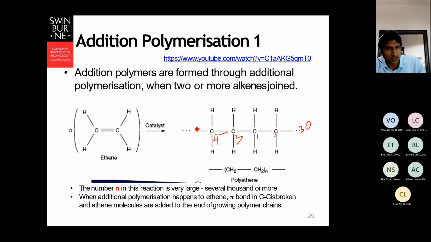And you know that polyethene is soft. You can bend it, you can fold it, you can make it whatever shape or size. You can blow it and make it a balloon. Because it has only carbon and hydrogen, but it's a long chain, they are intricately interwoven, and that makes polyethene.